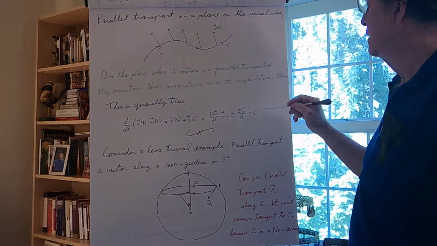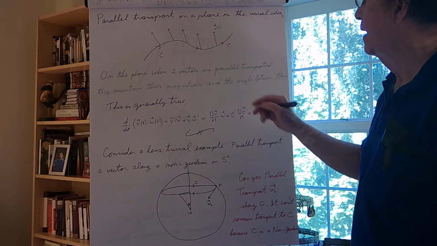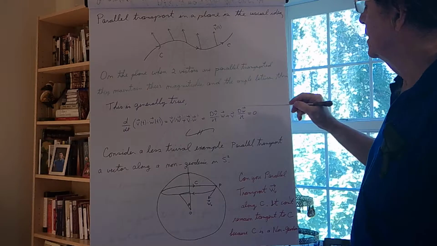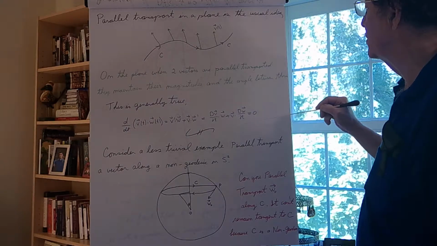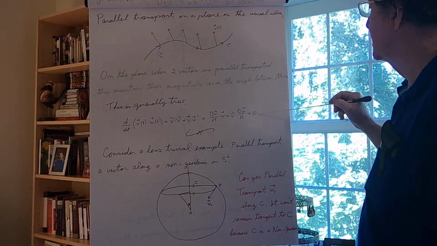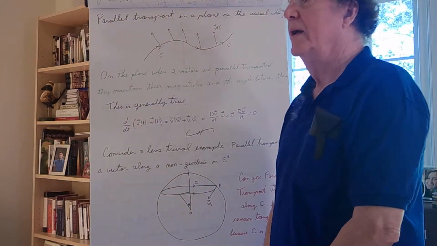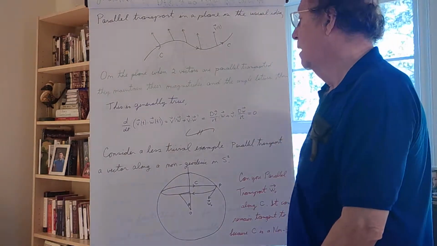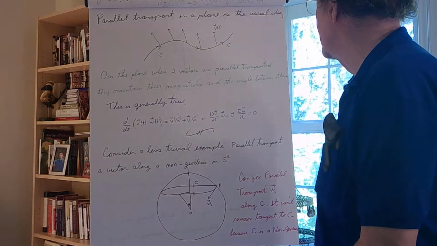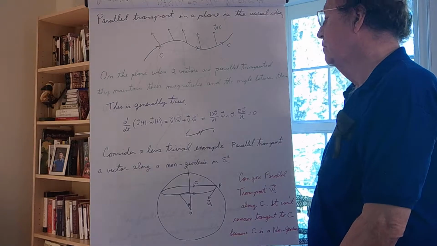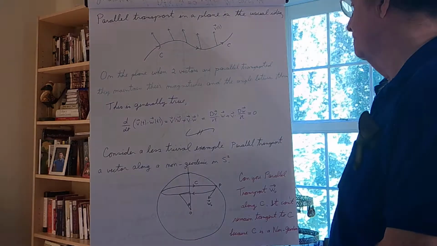Once I do that, and I say that my two vectors are parallel transported, these covariant derivatives are by definition 0, and so this is equal to 0. And again, I learn that the dot product of the two vectors is invariant to moving along the curve if the two vectors are parallel transported.